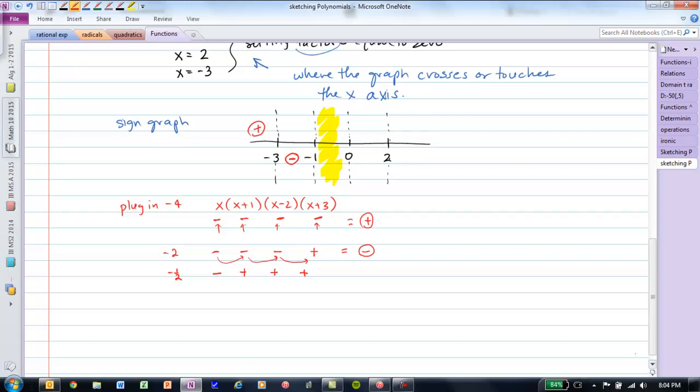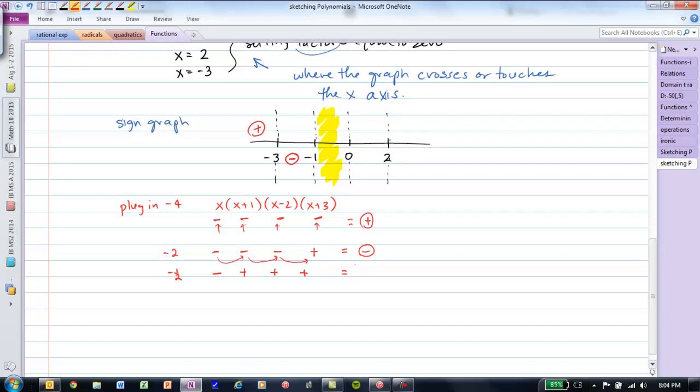Double checking, making sure that makes sense. I think I did something wrong. Negative for the first one. Nope, sorry. Yeah, positive for the second one. Negative for that one. Positive for that one. Okay, so we're good. No, we're not good.